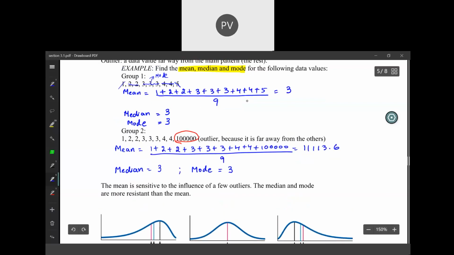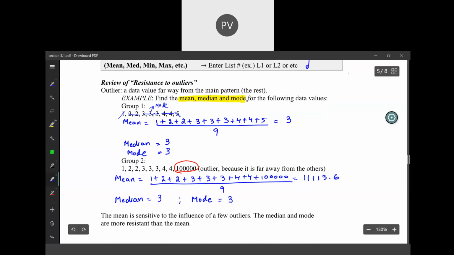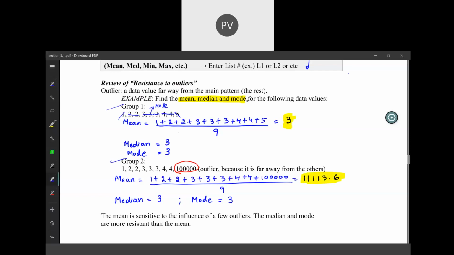So what can we conclude from this? Observe group 1 and 2, and observe the values for mean. If you compare, for group 1 the mean is 3 and for group 2 the mean is a very large number. Why? Because of the presence of the outlier in group 2.